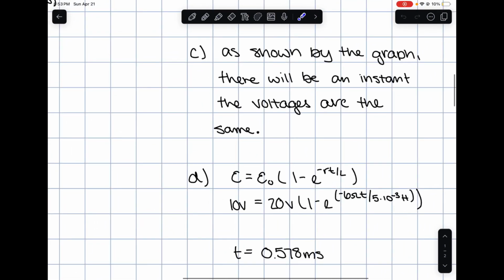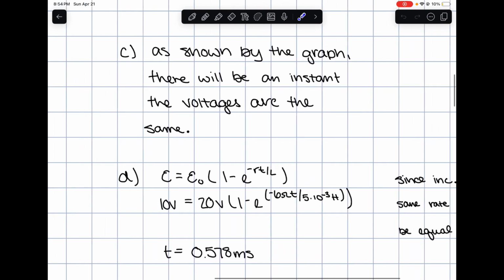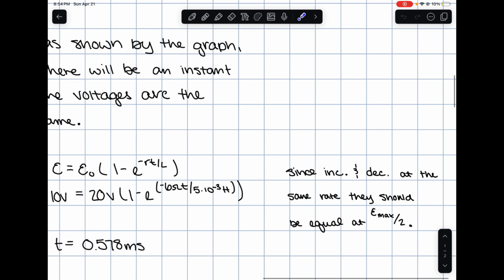We're going to start by using the equation EMF is equal to EMF naught times 1 minus e raised to the negative RT over L. So, first we can plug in all of our givens. On the right side, 20 volts, 6 ohms, and 5 times 10 to the negative 3rd henries. But how did I get to this left side of 10 volts? Well, this is how.